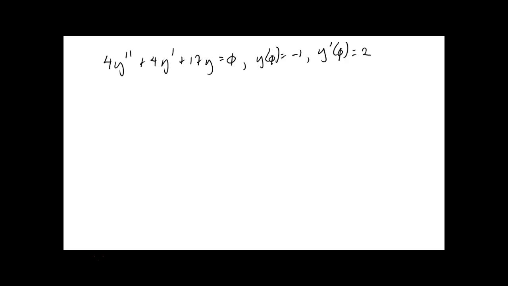All right, where would you head for this one? 4m squared, going right to the auxiliary equation, plus 4m plus 17 equal to 0. Now, again, I like to remind myself, we're assuming y is equal to e to the mx.